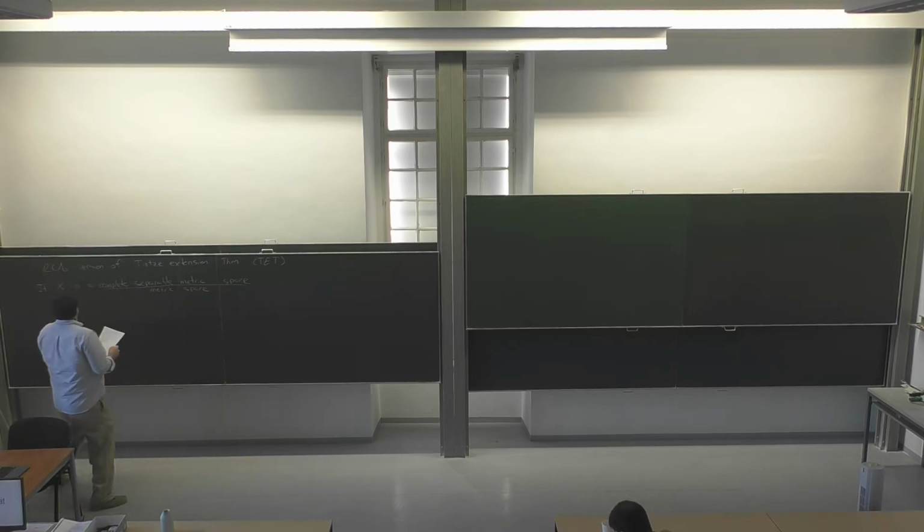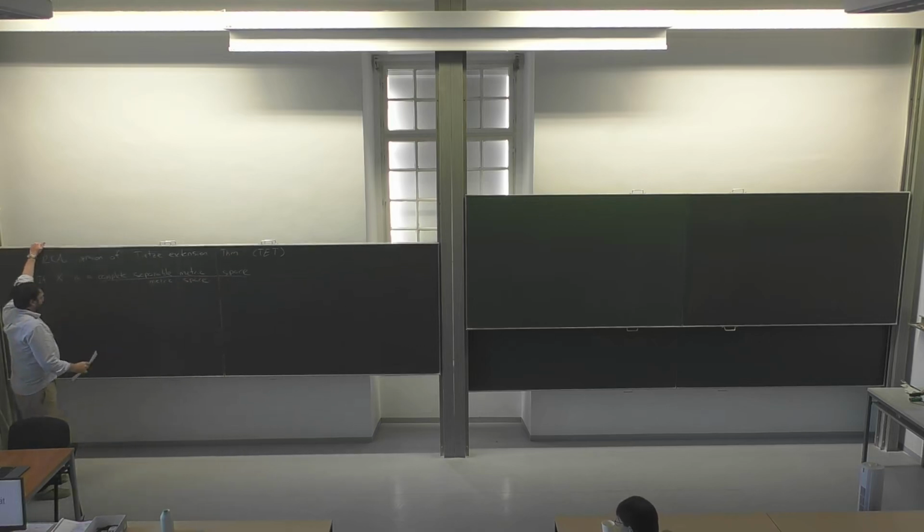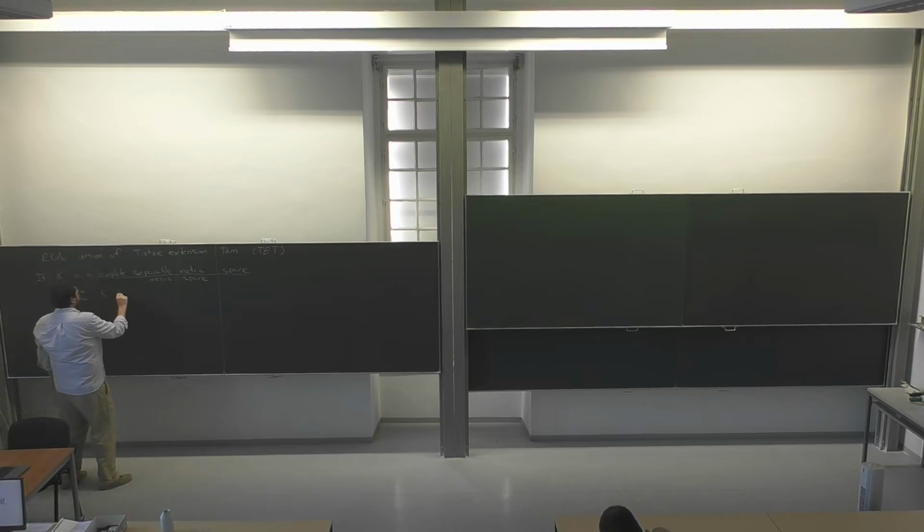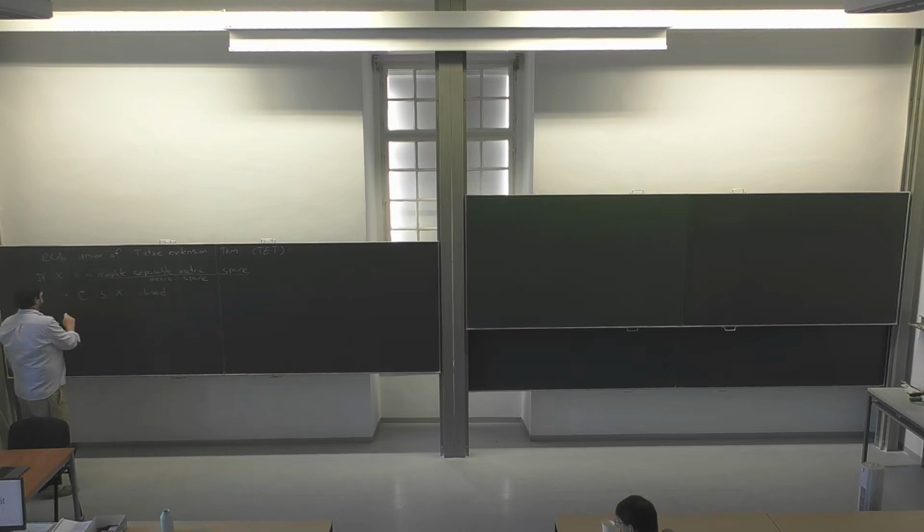So I've got a complete separable metric space that I'm calling X, and then I've got a closed subset C of X.